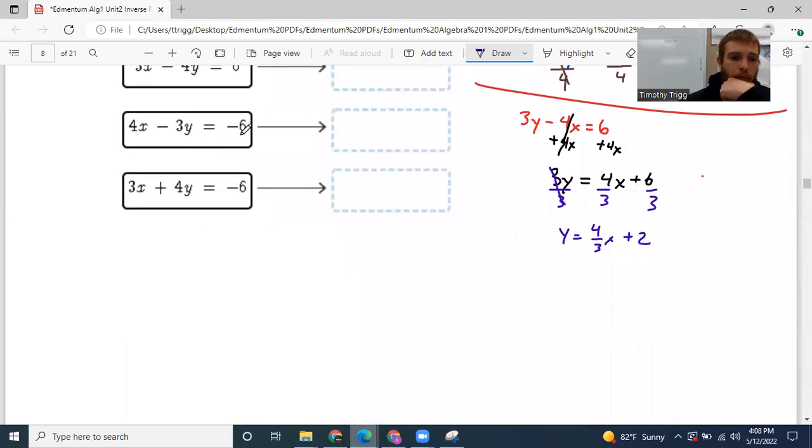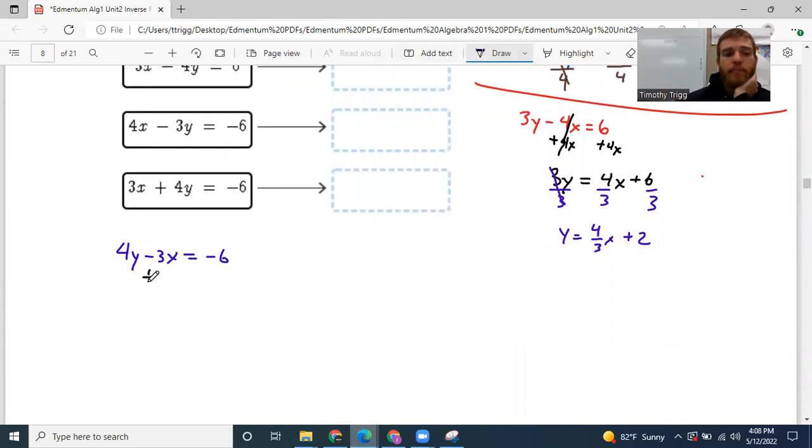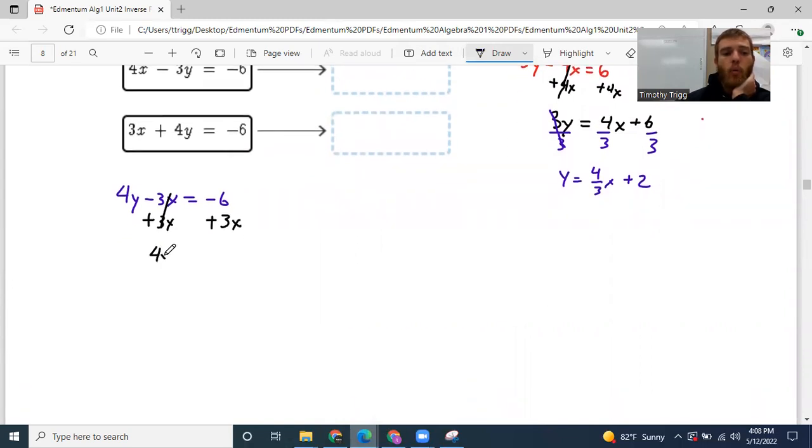All right, 2 more. Next one. We're going to swap the x and y right away. So 4y minus 3x equals negative 6. We're going to add 3x to both sides of the equation, canceling it here on the left. This gives us 4y equals 3x minus 6.